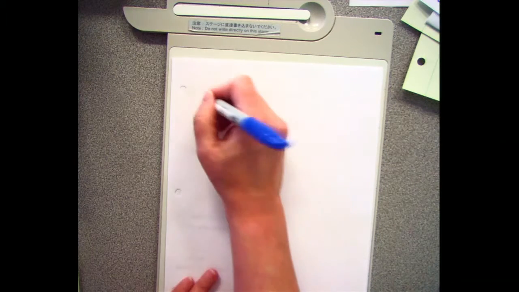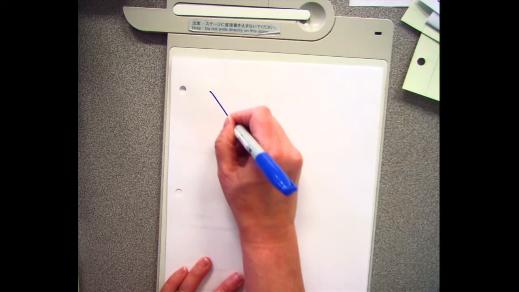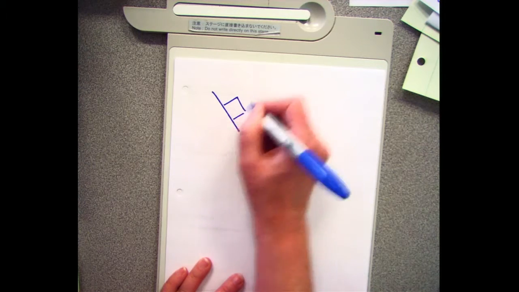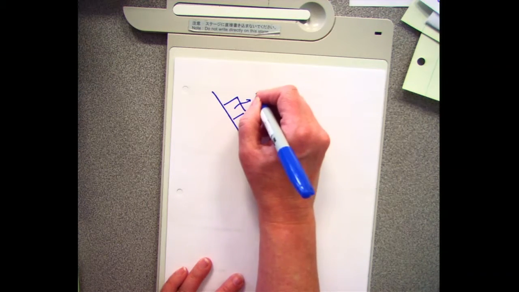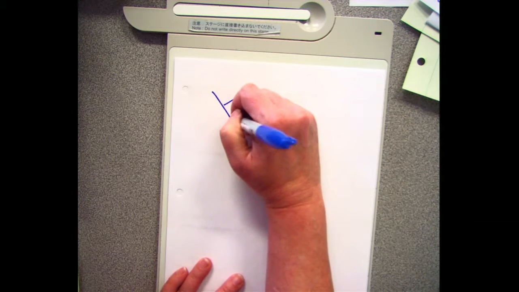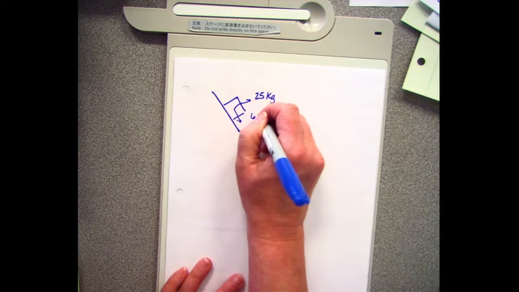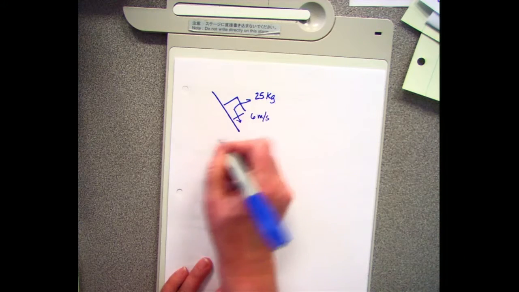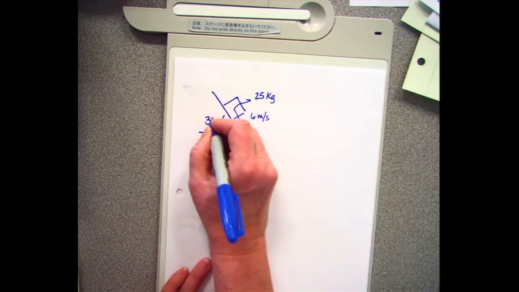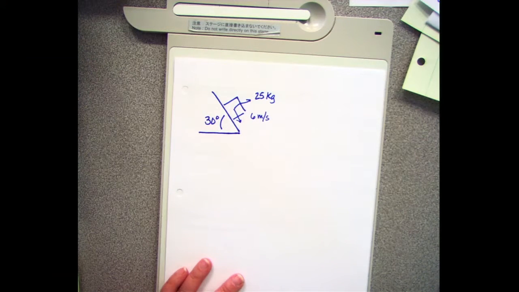Okay, we're going to assume a frictionless surface. And we got a box on a frictionless surface, and my box has a mass of 25 kilograms. It's sliding down our surface at 6 meters per second. This is a 30-degree angle.